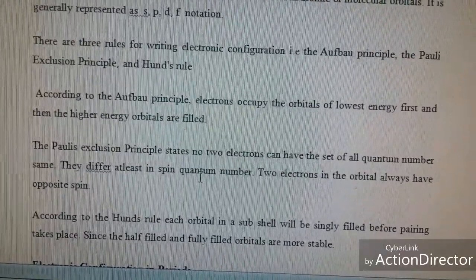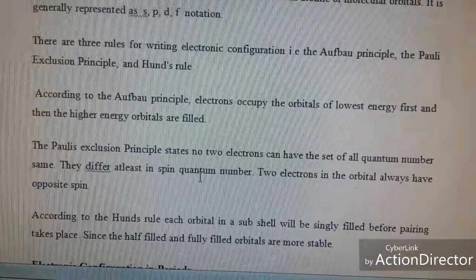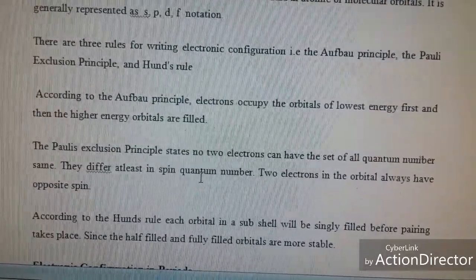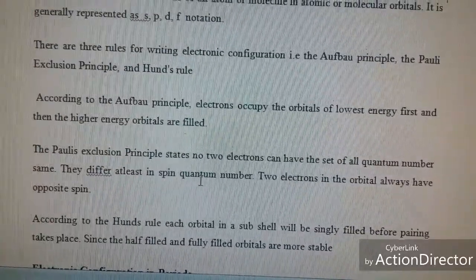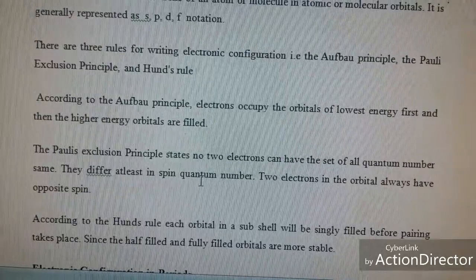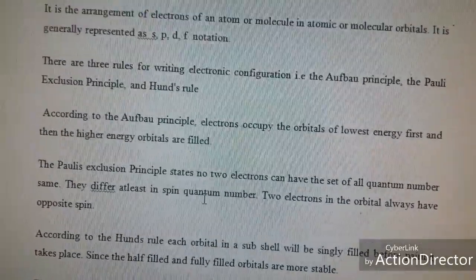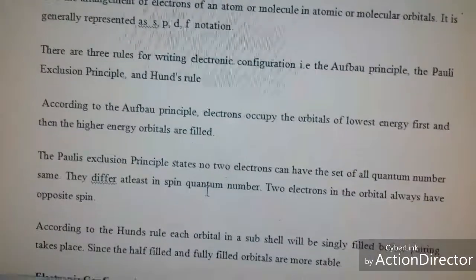Pauli's exclusion principle states that no two electrons can have all four quantum numbers the same. At least the spin quantum number will be different. According to Hund's rule, each orbital in a subshell will be singly filled before pairing takes place, and half-filled and fully filled orbitals are more stable.